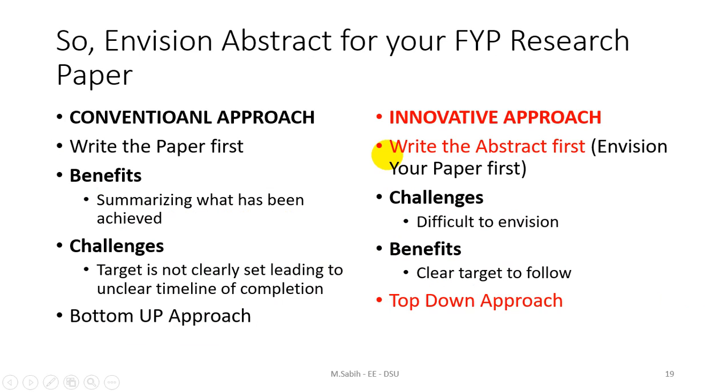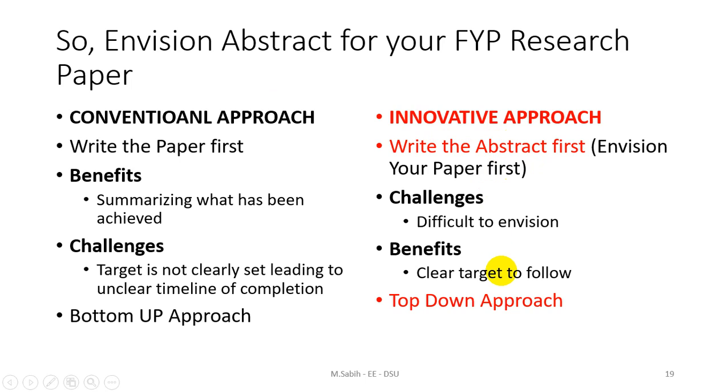So envision an abstract for your FYP research paper. It's important. The conventional approach is normally followed, but you have to have a vision, to have an abstract in mind.